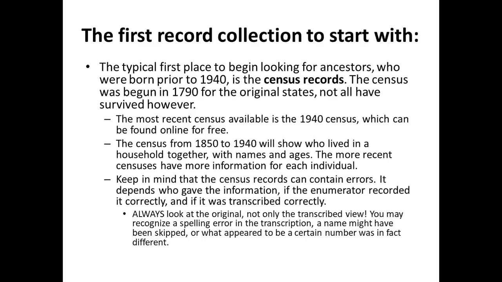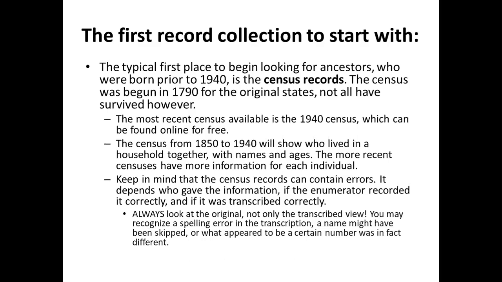The more recent the census, the more information you're going to learn for each individual. The further you go back, the less you're going to know. They recorded typically more information each census. Sometimes it was about the same, but you would usually get a little bit more every year.